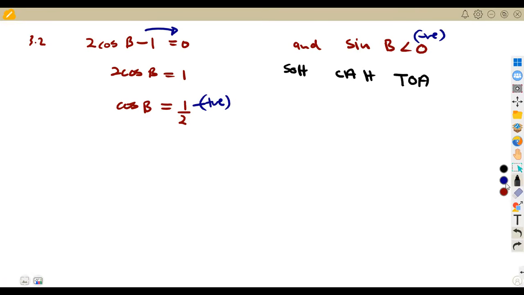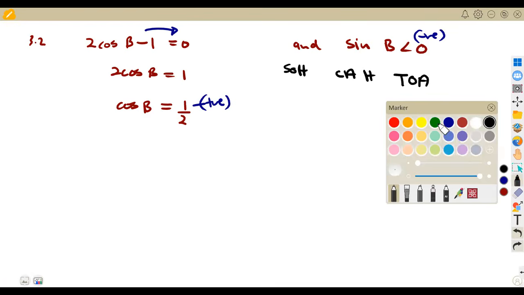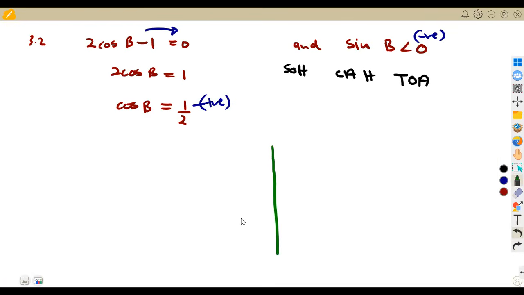Which quadrant should we consider where cos is positive and sine is negative? Let us take from our CAST concept, All Students Take Calculus, or CAST. In which quadrant do we see cos being positive and sine being negative?